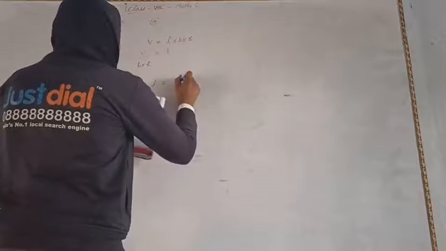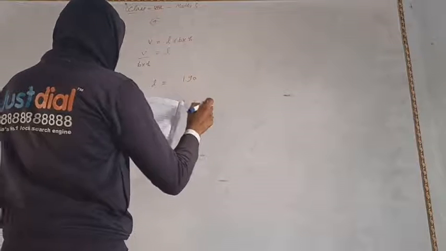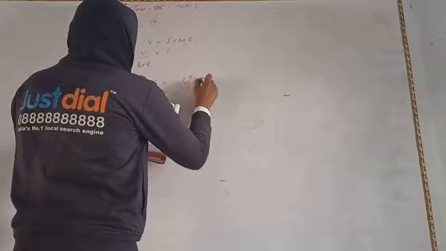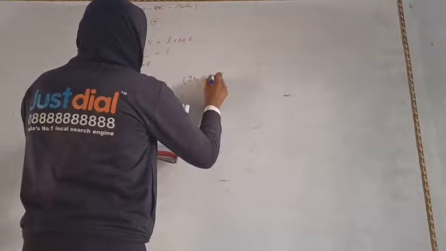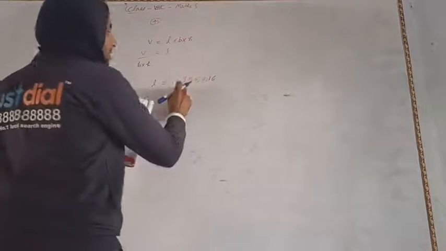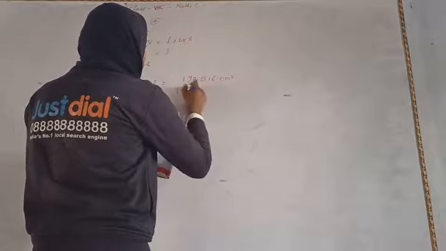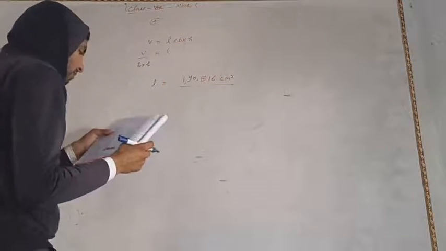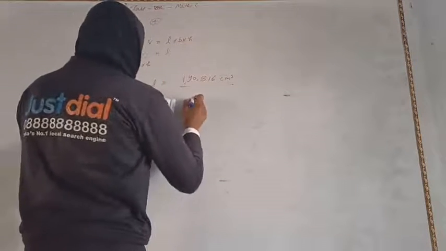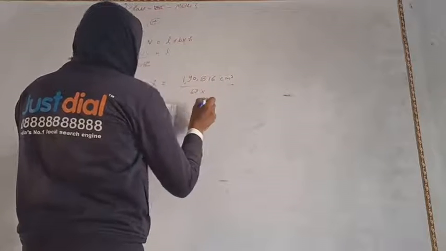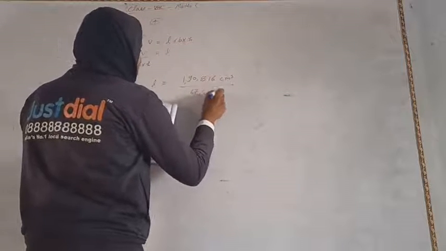So from here we find length is equal to V, given that V is equal to 1,90,816 centimeter cube upon B into H. B is given as breadth 67, and also here the height is given as 32.